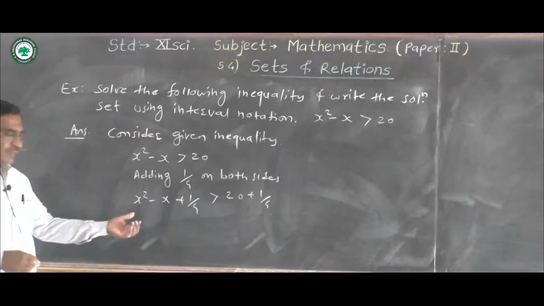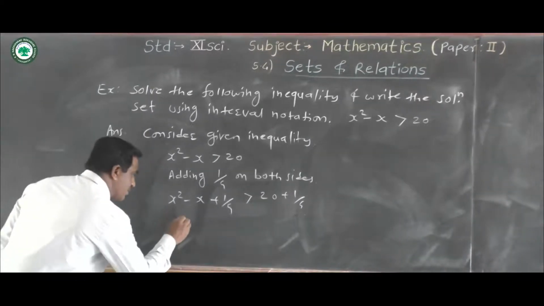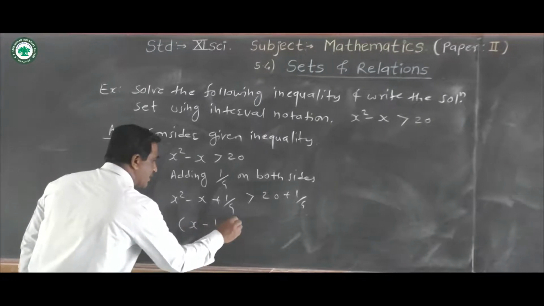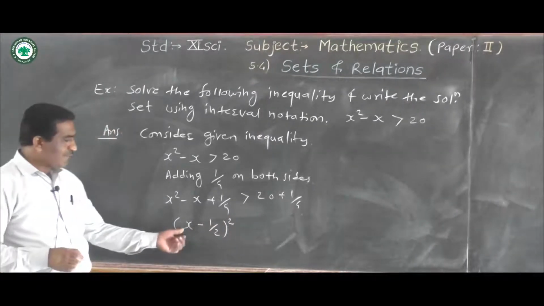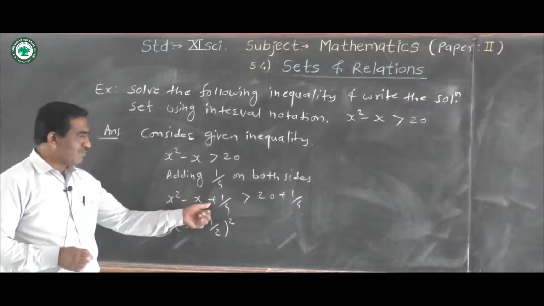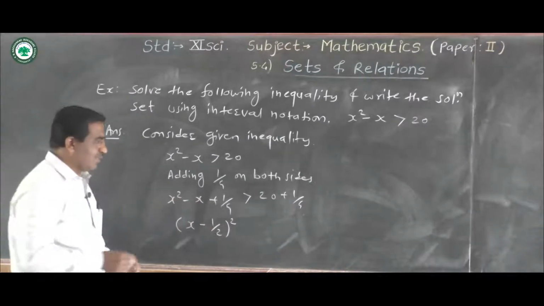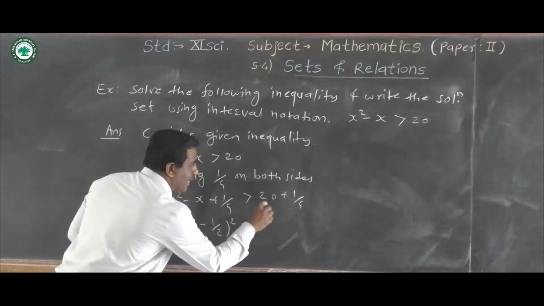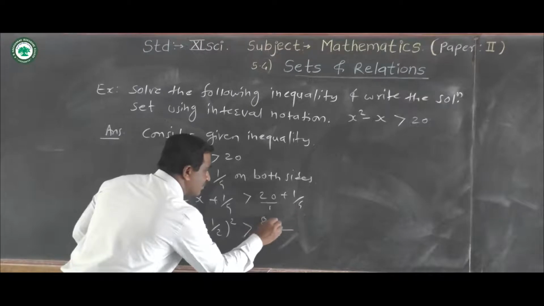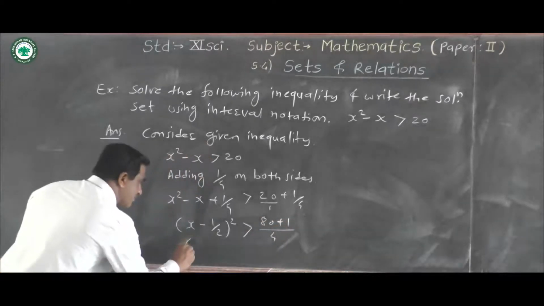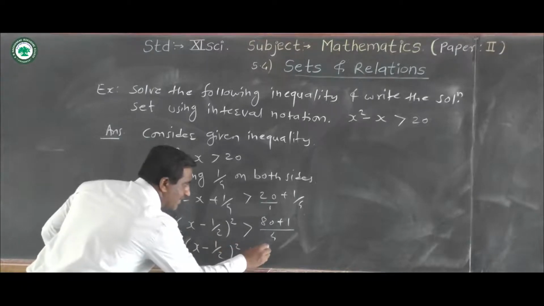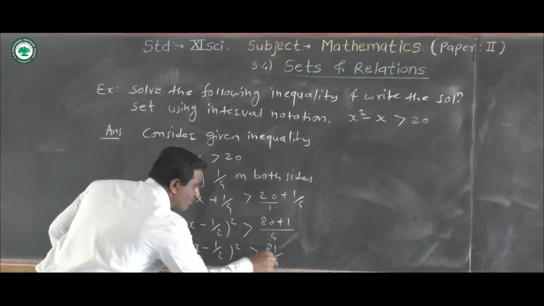Okay, now this expression can be written in the form (x minus 1 by 2) whole square. If we use the formula (a minus b) whole square, we get a square minus 2ab plus b square. This is greater than the addition of these two, 20 into 4 is 80 plus 1, that is (x minus 1 by 2) whole square greater than 81 upon 4.